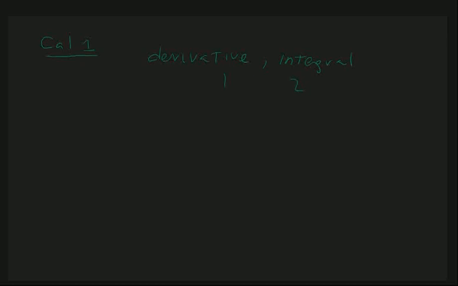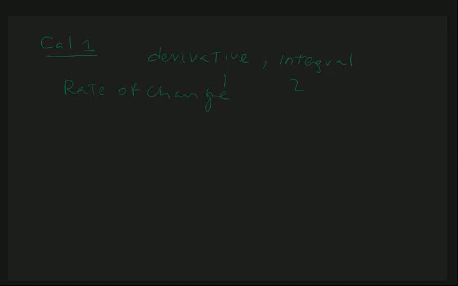So what is the derivative? What is calculus? What is the integral? There are many things you can figure out in your own way while you learn calculus. But to give you just the basic idea, it is basically change, the rate of change. You're calculating the change.